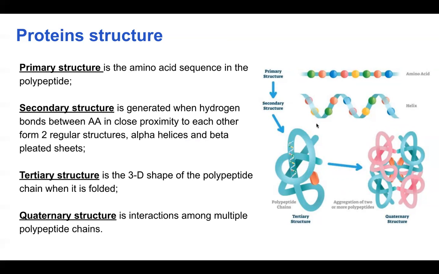Tertiary structure is the 3D shape of the polypeptide chain when it's folded. Quaternary structure is the interaction among multiple polypeptide chains.